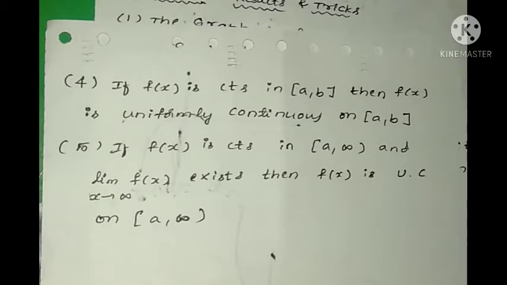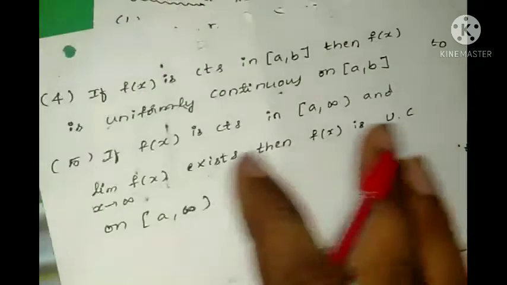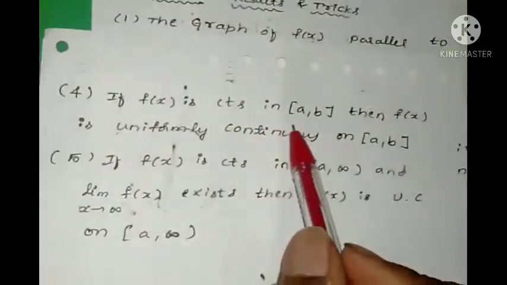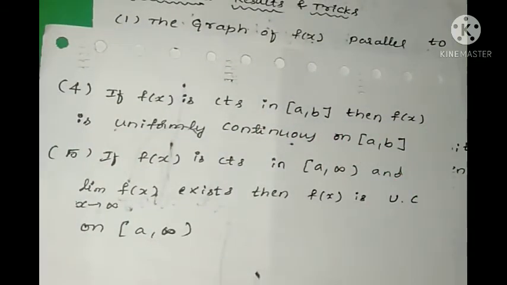If the given function is continuous, then we move on to check uniform continuity. If the given function is not continuous, then we directly say that the function is not uniformly continuous. Remember this point also. If f of x is continuous on the closed interval [a, b], then f of x is uniformly continuous on [a, b]. This is an important point.